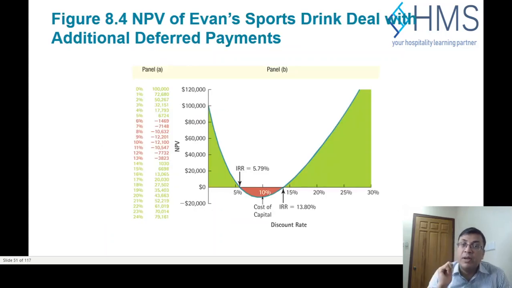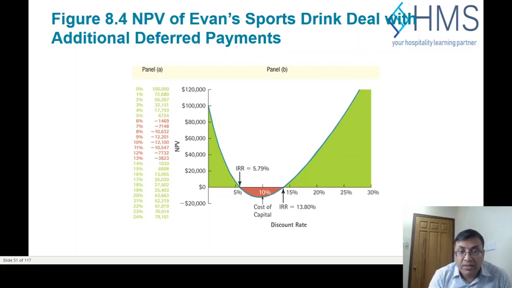You see two IRRs because there are two positive signs and three negative signs. Whenever there is more than one sign change, you will get two IRRs, because at both IRRs the NPV becomes zero.